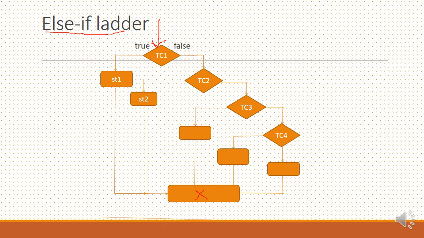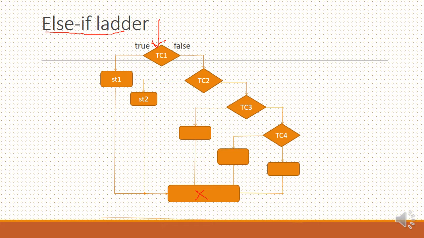If this test condition is true, it is not going to execute statement 1, and this block is not executed. But what happens when it is false? When it is false, it is going to check test condition 3.